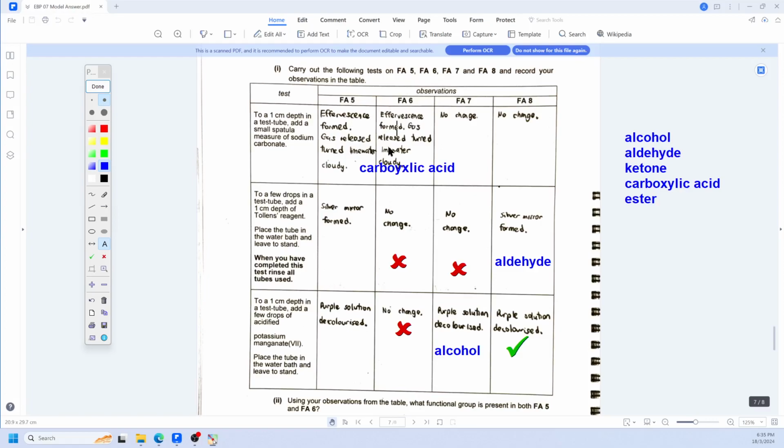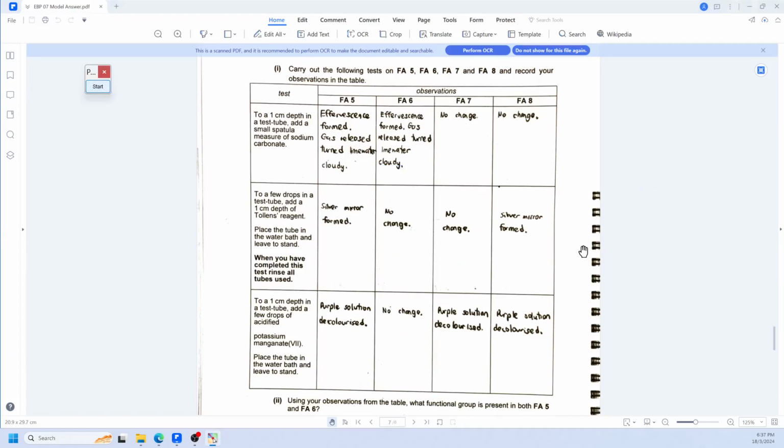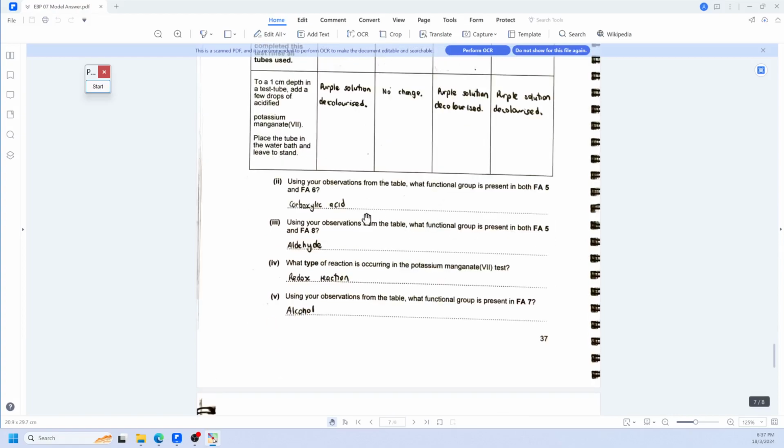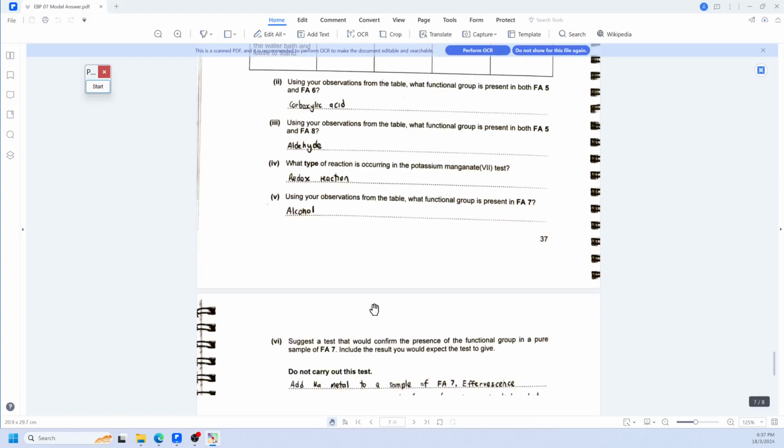FA5 and FA6 are both carboxylic acids because they are the only ones that react with sodium carbonate. FA7 is an alcohol because it oxidizes but doesn't undergo the Tollens reaction. FA8 is an aldehyde because it reacts with Tollens reagent.